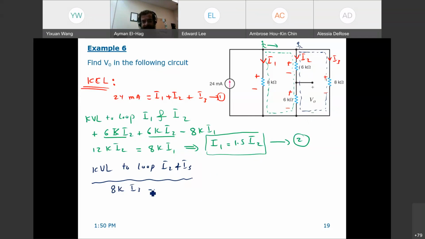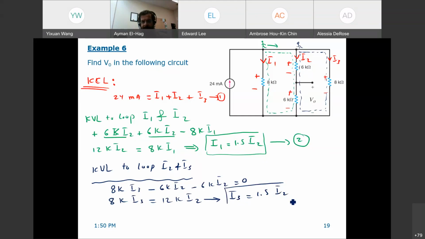So it's minus 6K I2 going up, minus 6K I2 equal to 0. So it's 8K I3 equal to 12K I2. And from this, you can say clearly I3 equals 1.5 I2. This is equation number 3.